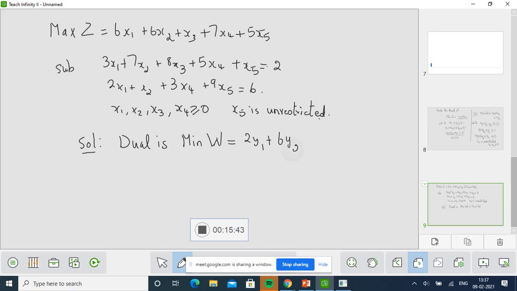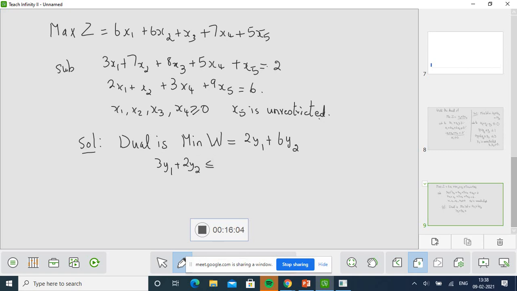Just for distinguishing the variables, we are using yi's. Then what will be the constraints? 3y1 plus 2y2. I need the coefficient of x1 alone.